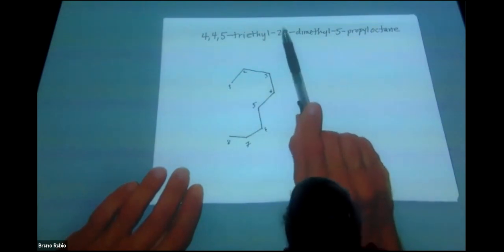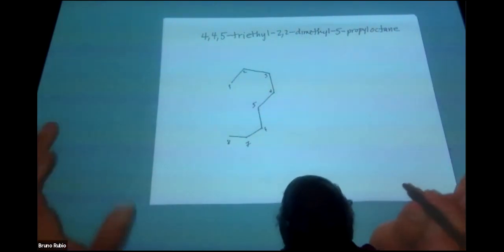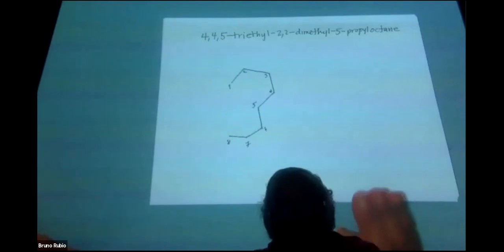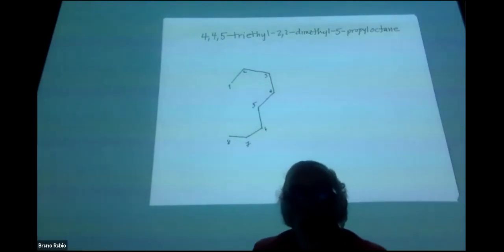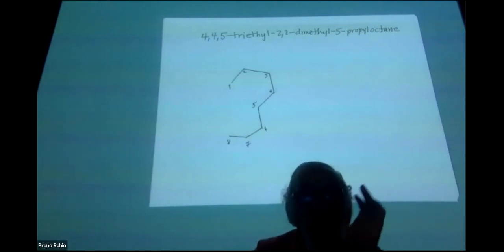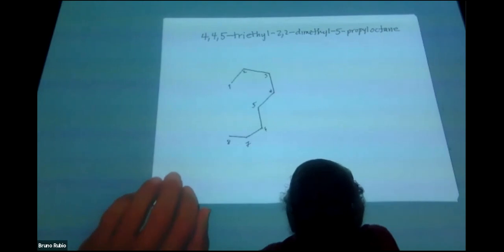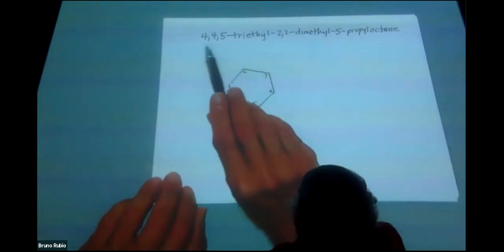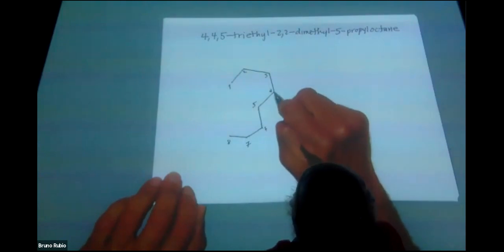And what comes right after? Di. So this is a pattern that we always see. We see a bunch of numbers, and then right after that will come the appropriate replicating prefix. So this is saying at carbon 4, I have an ethyl substituent.